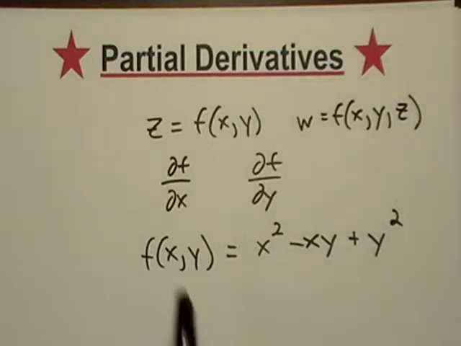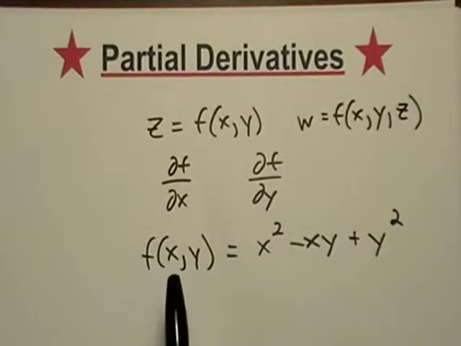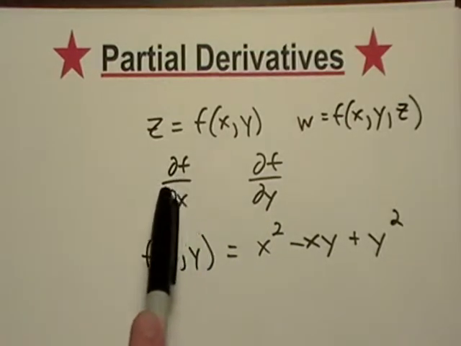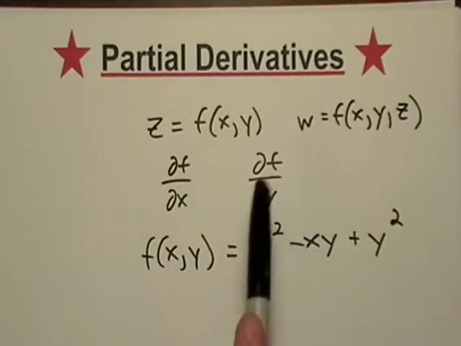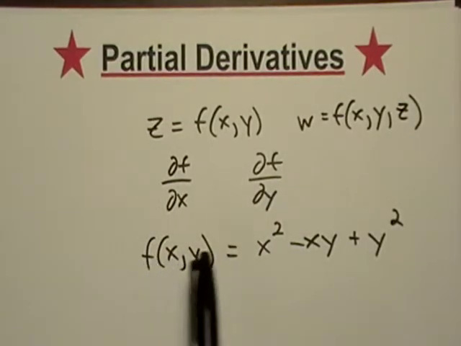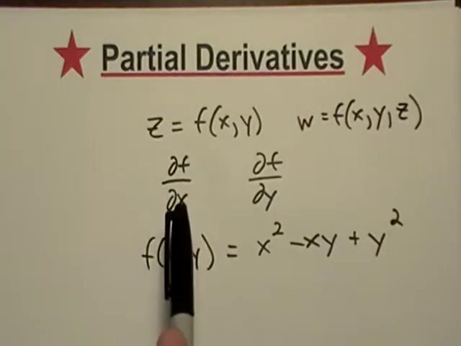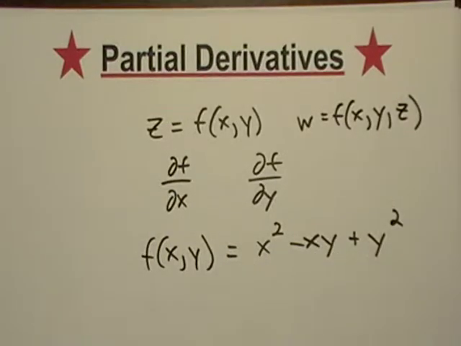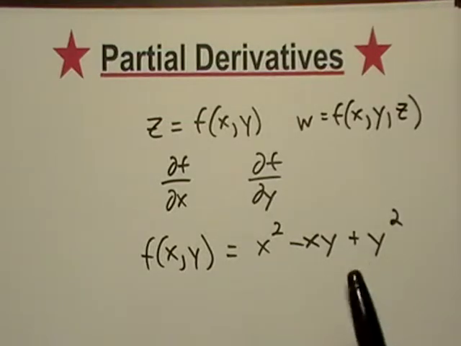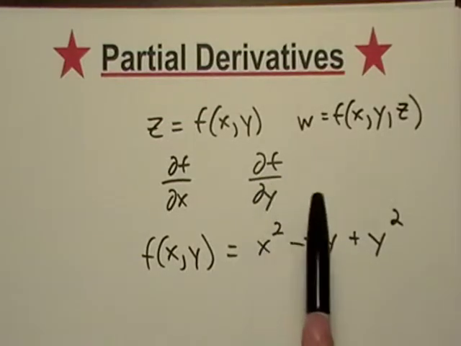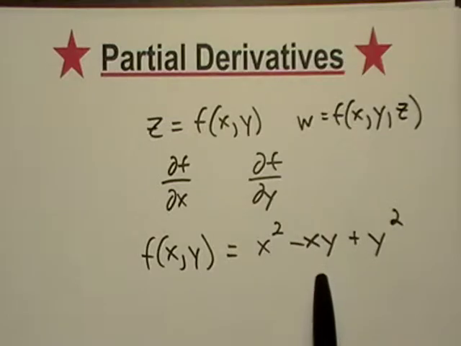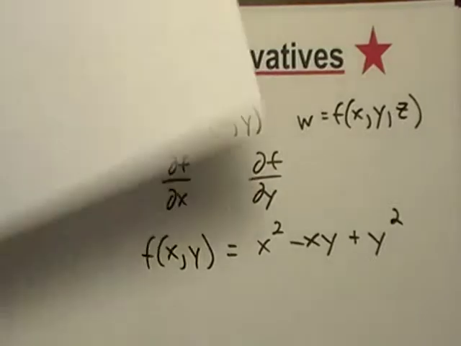Here's the notation: this is called the partial with respect to x, and this is the partial with respect to y. We use the exact same differentiation rules we've been using all along. It's just that when I take the partial with respect to x, I pretend y is a constant. And vice versa, when I take the partial with respect to y, I pretend x is just a constant.